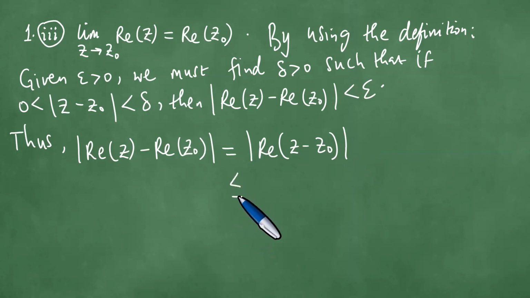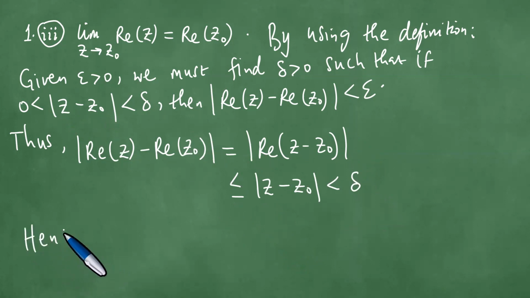So this is less than or equal to the modulus of z minus z0. And this modulus of z minus z0 is less than delta. Hence, we can safely say that delta equals epsilon for this particular question. Next.